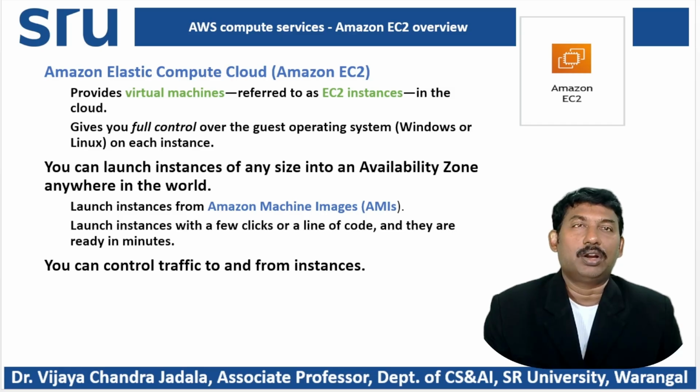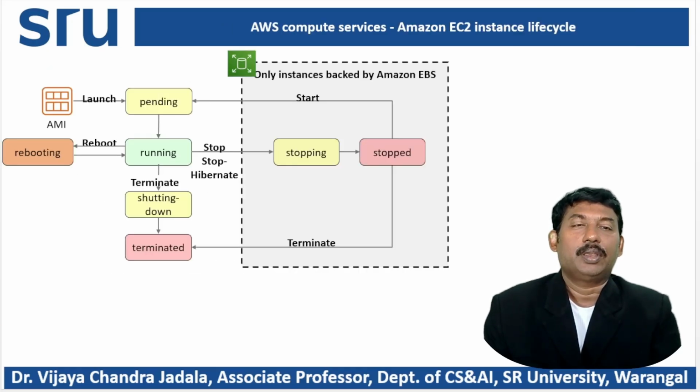You can even control the traffic, and you can create security with the help of security keys, security groups, and other provisions for the instances. Let us check the architecture, how the EC2 instance lifecycle exists. Here you can observe this is about rebooting.